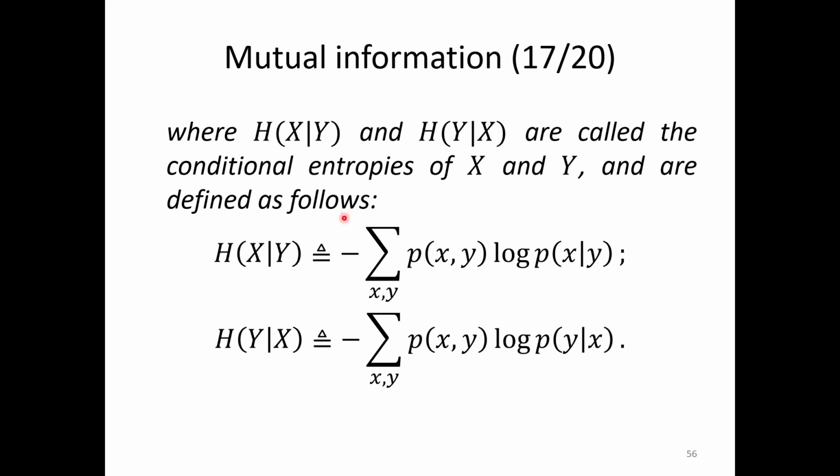First, H(X given Y) is defined as minus the summation over x, y of P(x,y) times log P(x given y). And second, H(Y given X) is defined as minus the summation over x, y of P(x,y) times log P(y given x).